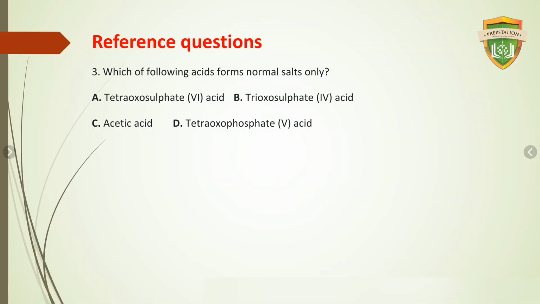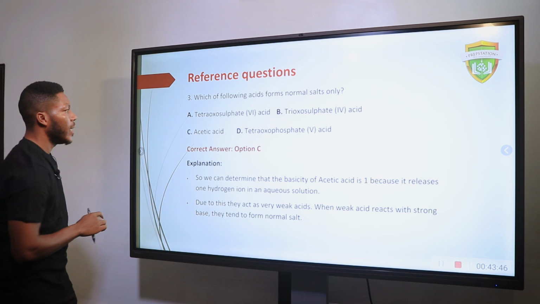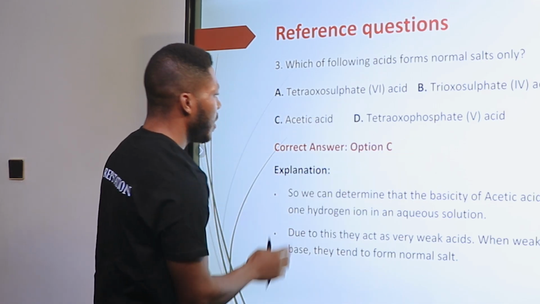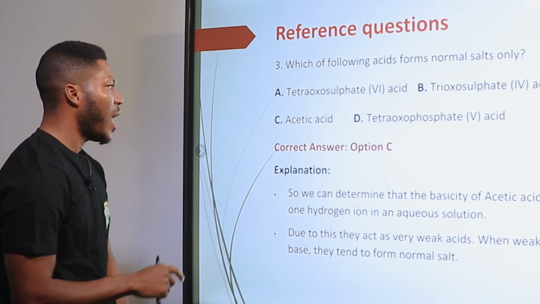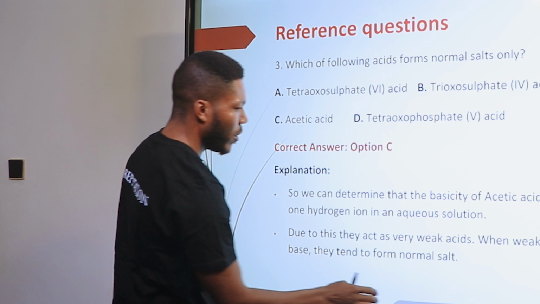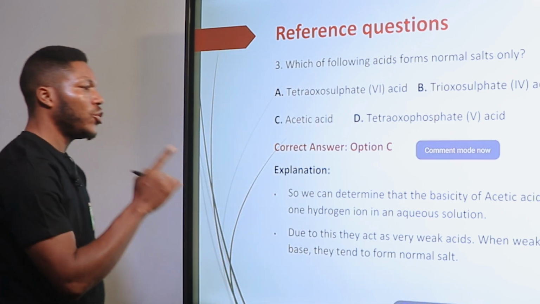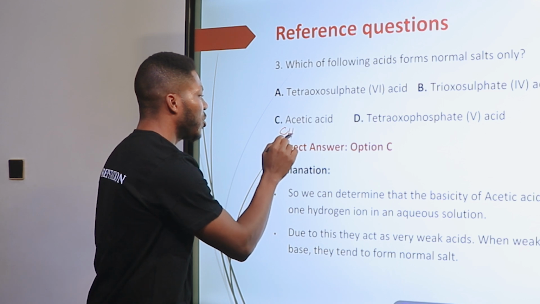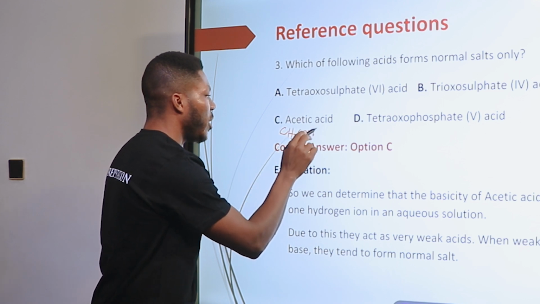Number 3 says, which of the following acids forms only a normal salt? The question is, which of them now? Let's look at the explanation. This is a strong acid, and this is a weak acid. So when this compound dissociates in water, it's going to give us just one hydrogen, that is, basicity one. For example, we have CH3COOH.